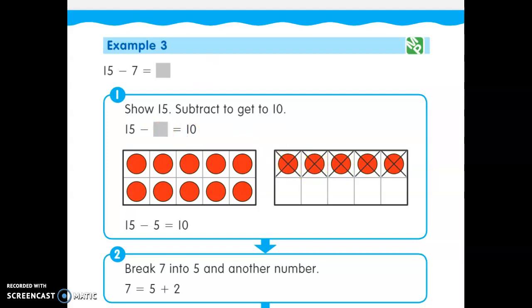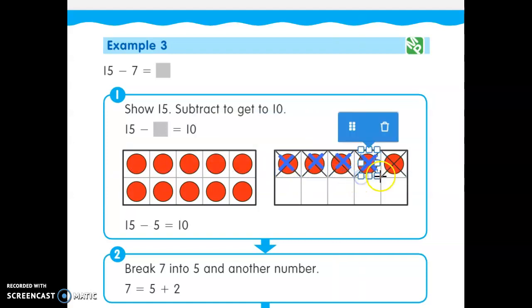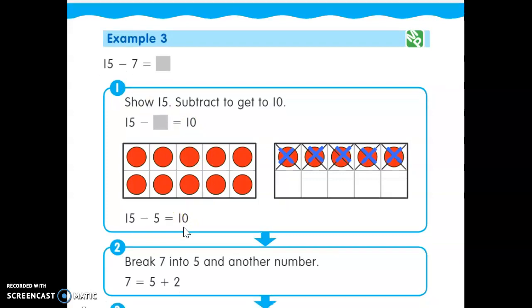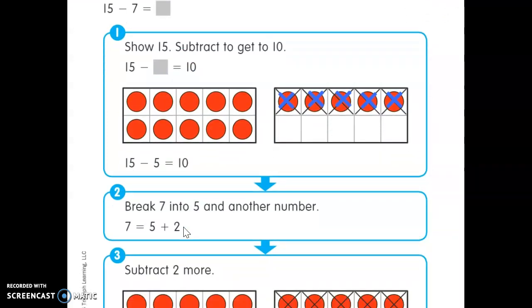I'm going to place x's. Well, I already have some x's, but just to show you guys. Okay, so now I have 15 minus 5, because I crossed out 5, equals 10. So I'm going to break 7 into 5.